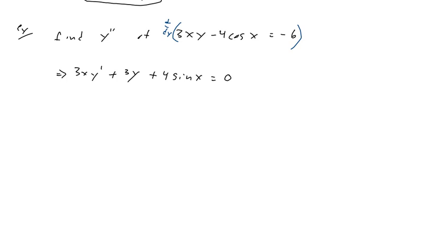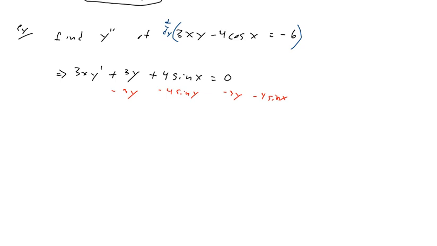So we've got to get the y prime now. We did the derivative. Got to get the y prime by itself. So I'm going to move this 3y and this 4 sine x.